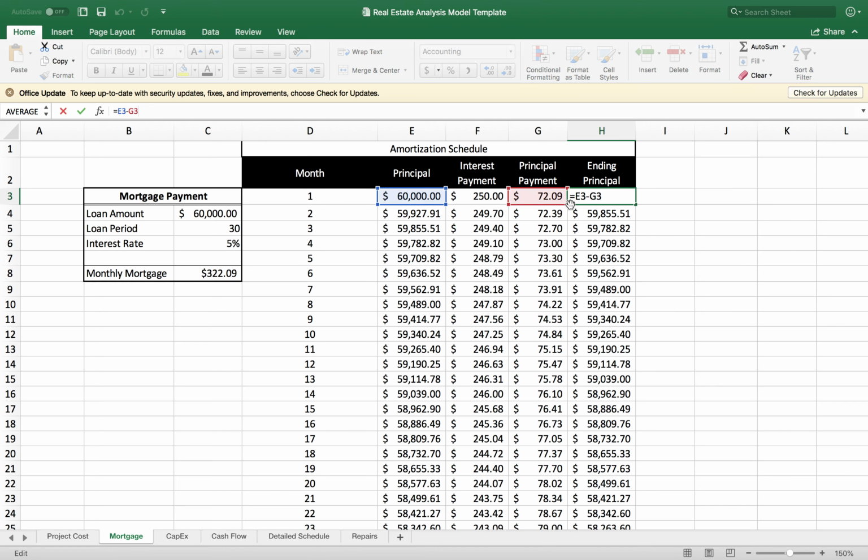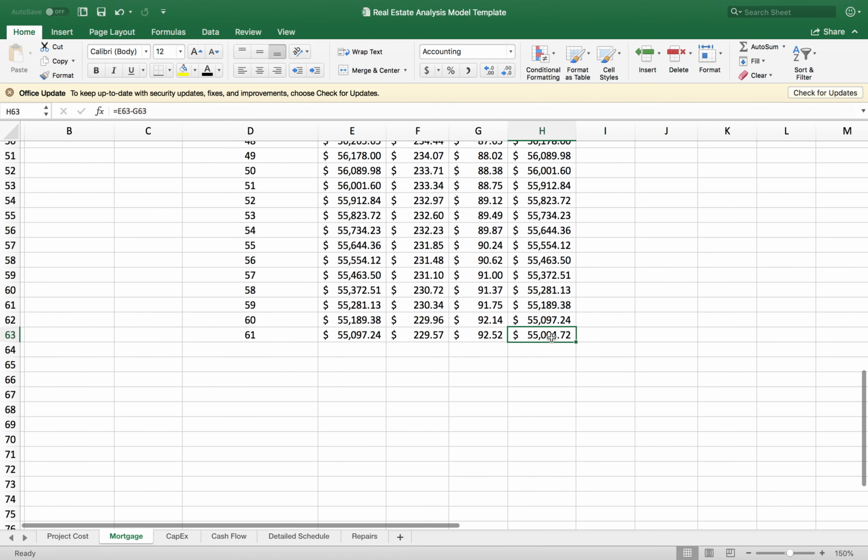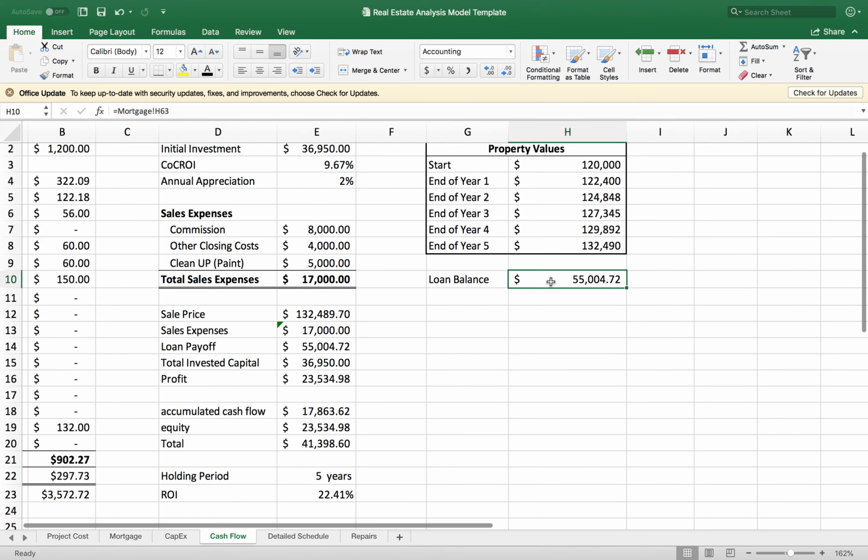$59,927. You calculate that by subtracting the principal payment from the principal amount. If I fast forward 5 years later, you see that my loan balance is $5,500. And this is how I got to the loan balance.